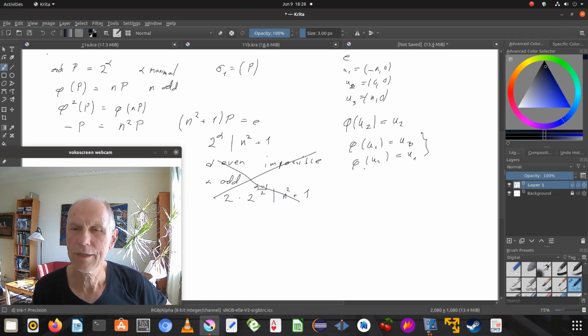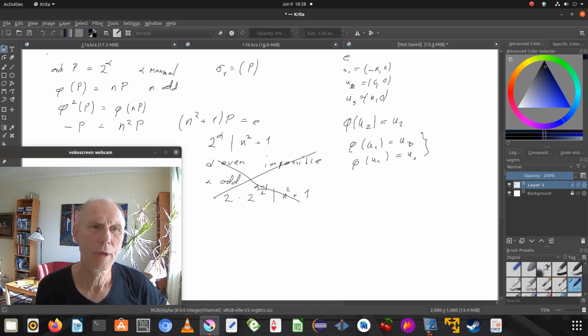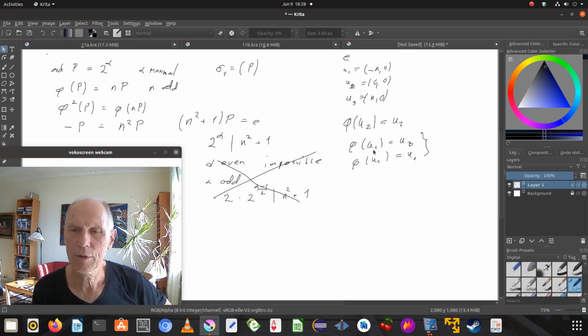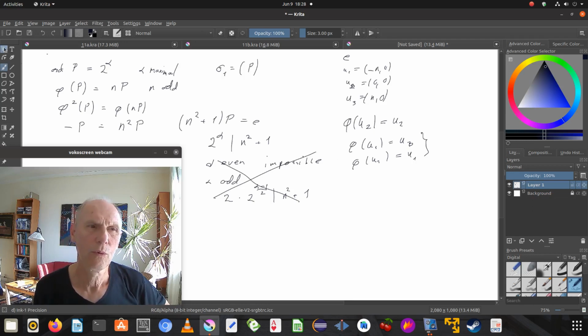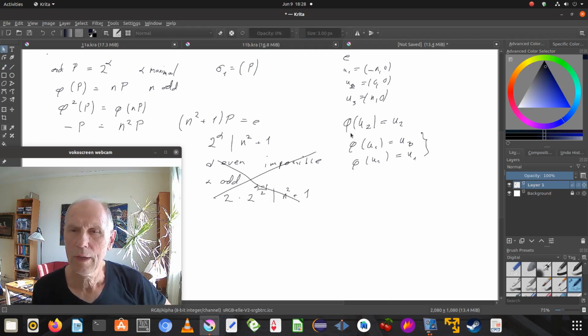So they both lie in one of the groups generated by one element. And there must be another one as well.